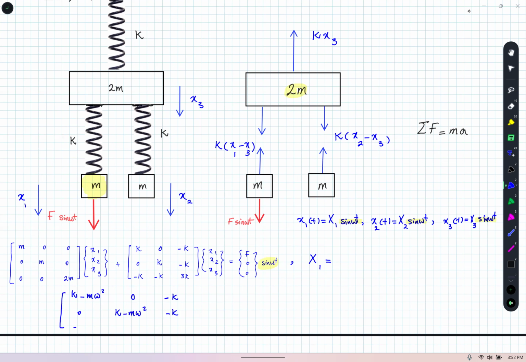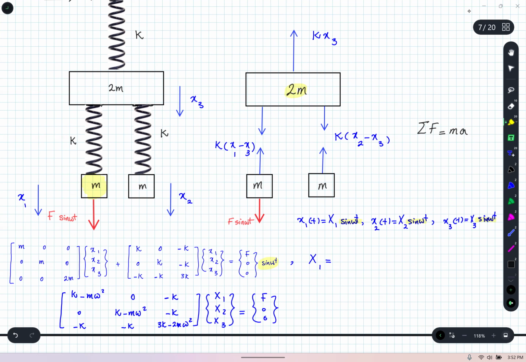And then we have minus k, and 3k minus 2m omega squared, times x1, x2, and x3 equal to f0 and 0, right? If you substitute that one, and please do so, of course, this sine omega t, you can get rid of that because you have it on both sides, and you're done. Now you have a simple algebra equation, which you know how to solve.